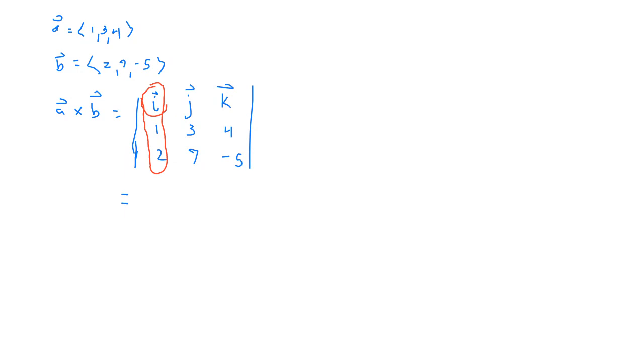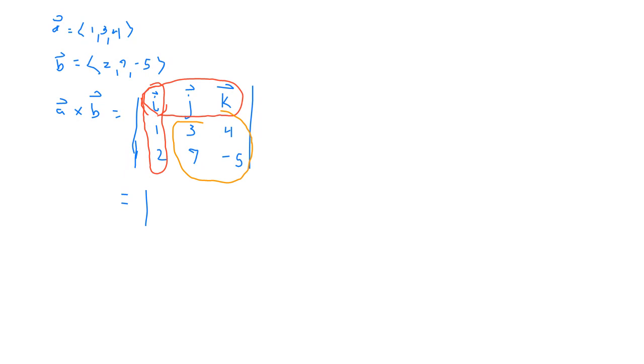The vector i is in the first column and the first row. So I say, well, there's a submatrix right here that has 3, 4, 7, -5.